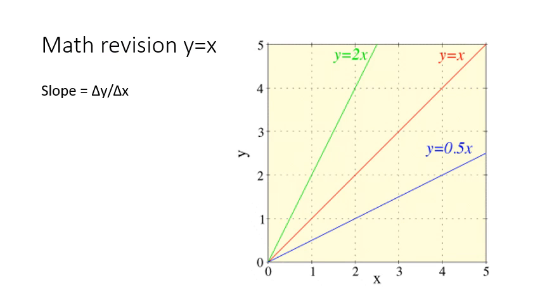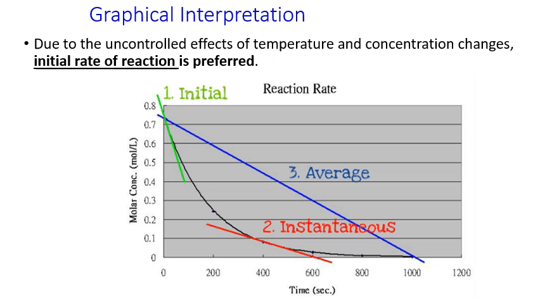In terms of maths revision, the slope is change in y over change in x. So the steeper the slope, then of course the faster the reaction, which you can see from the graphs on the right hand side.